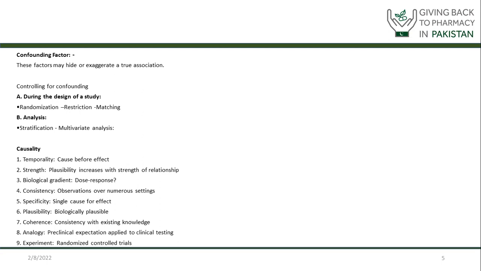We can use matching. Like I can restrict: this study is only for males, I'm not including females. Or I might use matching, which we normally use for cohort studies, where everything is similar between both groups, with just one difference.